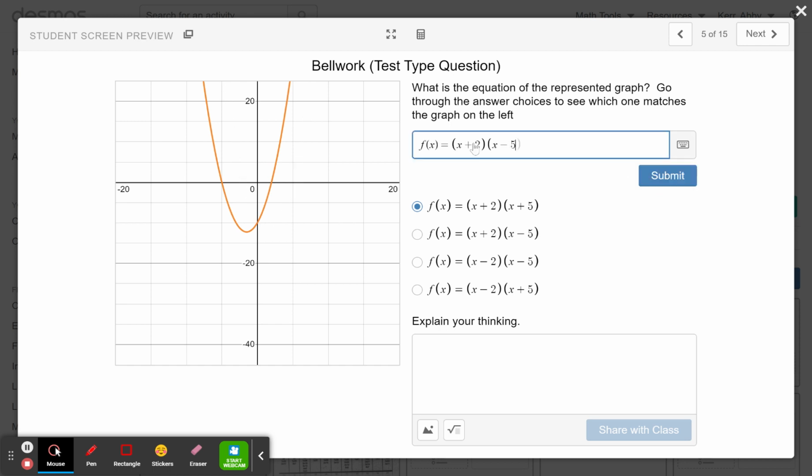Nope, not quite. I'm going to change this to answer choice C. Nope, not yet. All right, there we go. It overlaps, so we know that we did it correctly.